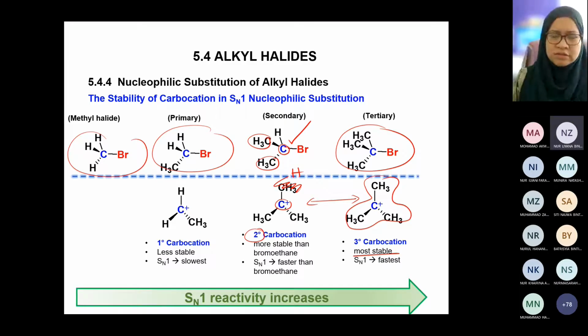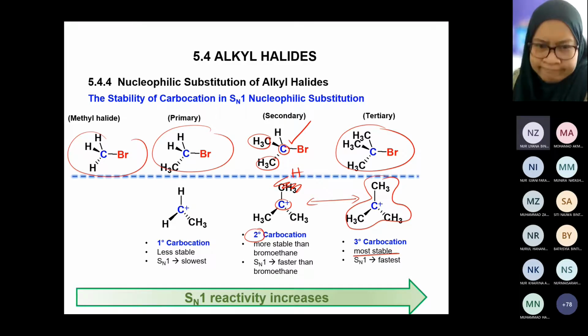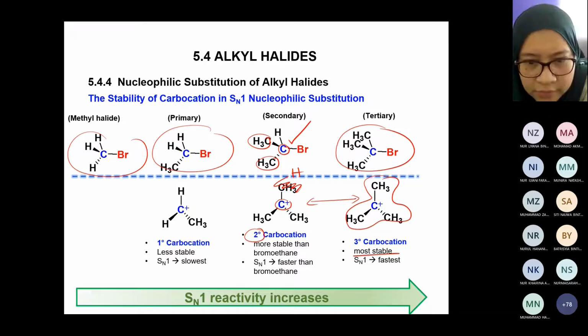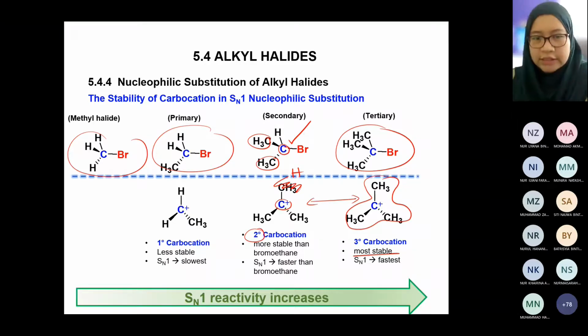Yang bawah pun bromomethane kan? Yang this one faster than bromoethane. This is correct. Dia nak cakap secondary carbocation ni, this is with reference to SN1. Maksudnya secondary carbocation prefers SN1, so dia lebih laju daripada bromoethane.